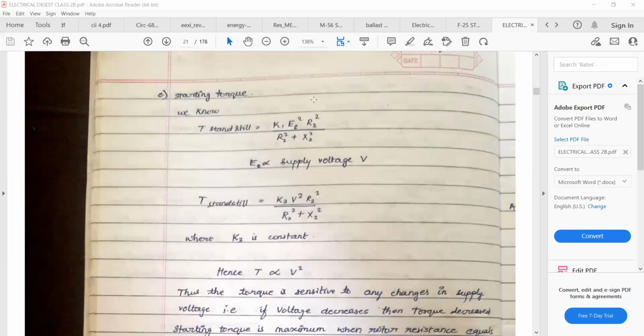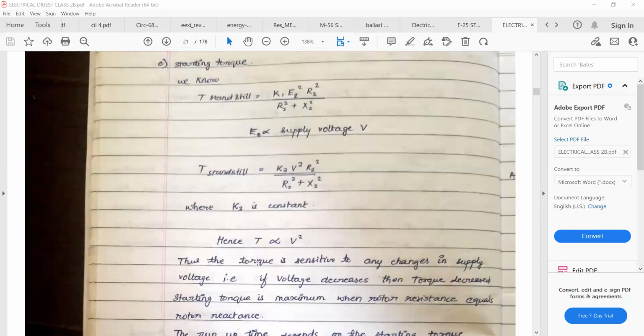Next part is starting torque. We know the formula for the standstill torque is how much? K1 E2 squared R2 divided by R2 squared plus X2 squared. And E2 will be equal to the supply voltage, and K1 is a constant. So torque is directly proportional to what, from this expression? Voltage, right?